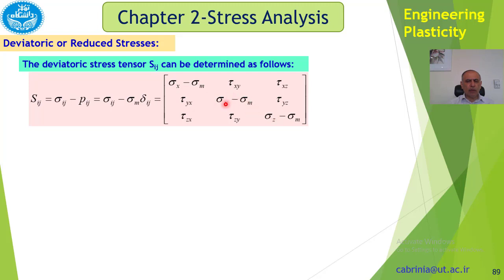I have omitted the second index, because these have two indices or one index. Sometimes we write these like this, but here we mean sigma x, sigma y, sigma z.